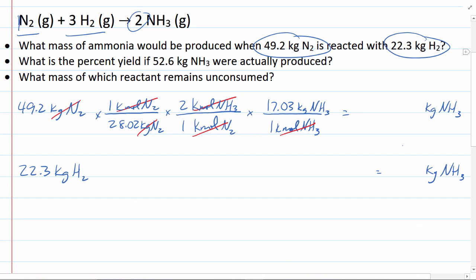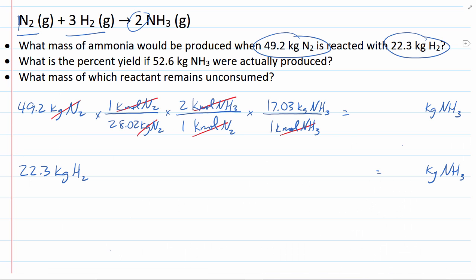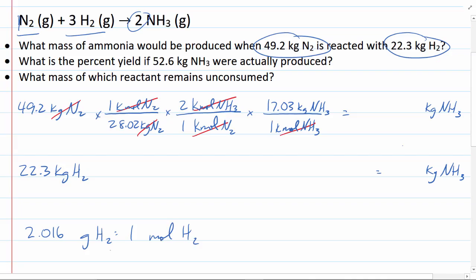Next, we start with the 22.3 kilograms of H2. Now the first step here is we need to take the mass of H2 and convert it to moles. If we look at the periodic table, we see that the atomic mass for hydrogen is 1.008. If we take that times 2, we get 2.016 grams of hydrogen for every 1 mole of hydrogen.